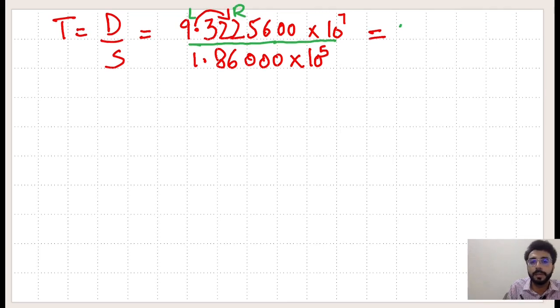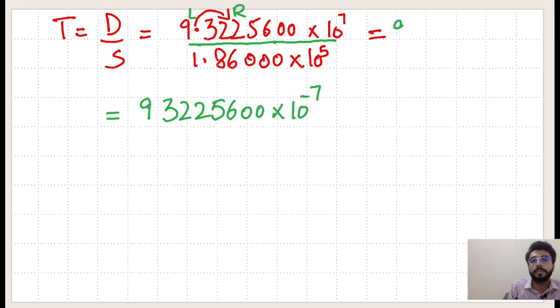The answer will be 93225600 into 10 raised to power -7. Similarly, move this decimal point toward the right side.